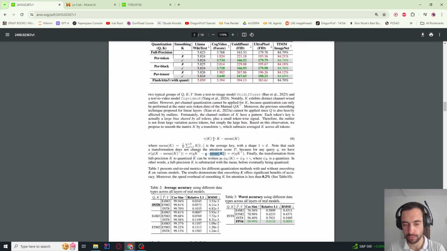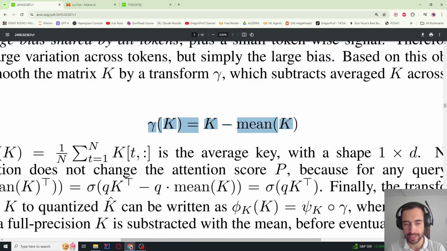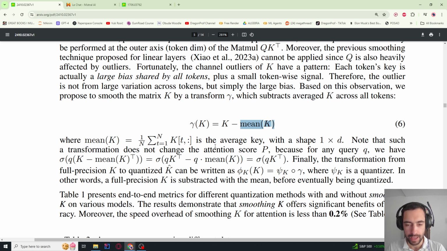And I'm gonna scroll down to show you this formula. So this gamma of K, this is the smoothed out version of the K matrix. So they say K minus mean, the average of the K. And so there is no such large variations between different channels. There are no such large outliers. And one interesting thing is this is the proof that when you subtract a constant from this function before you apply softmax to it, it does not change the results of the softmax.